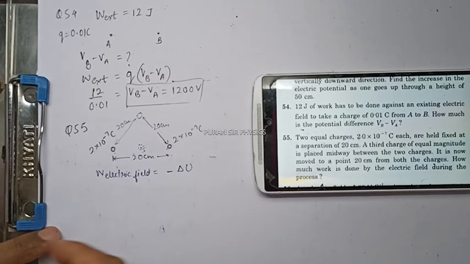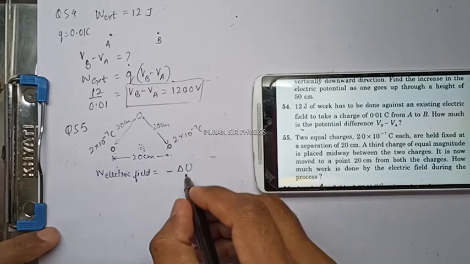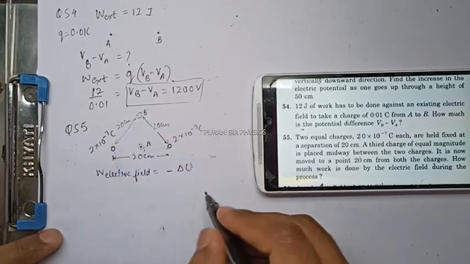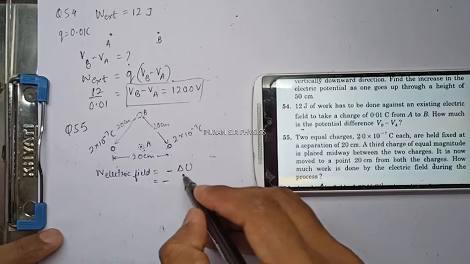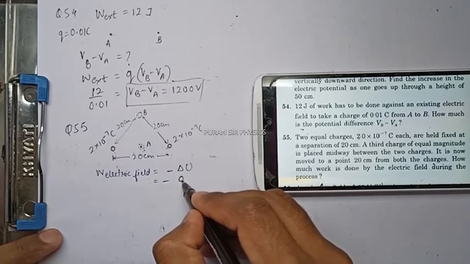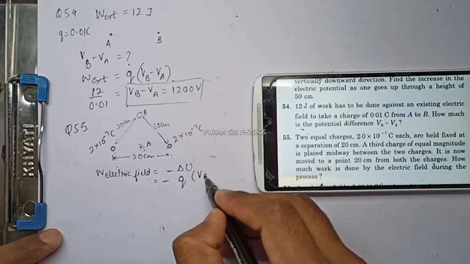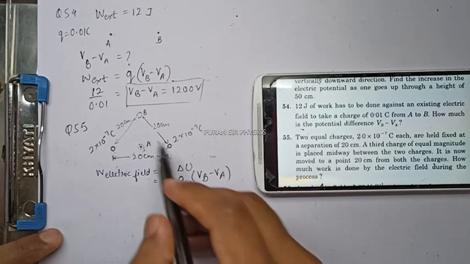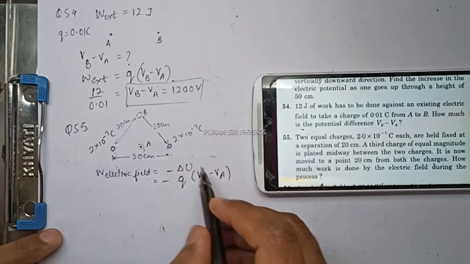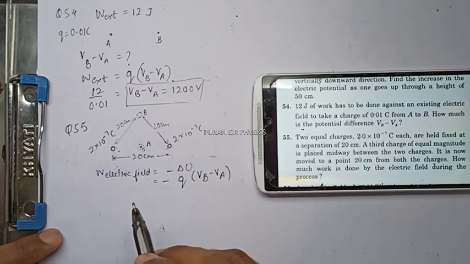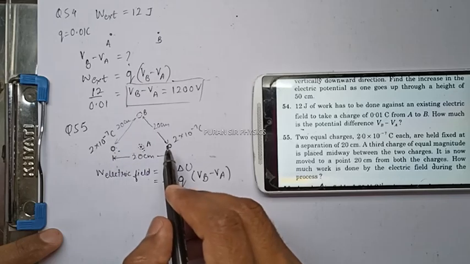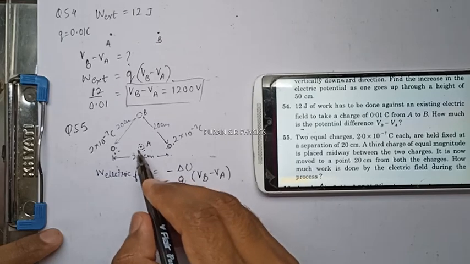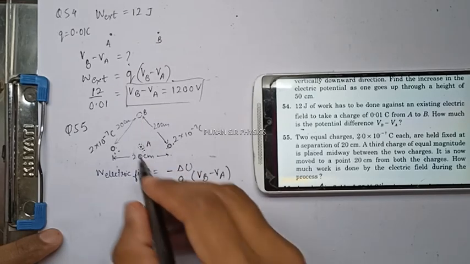And this change in potential energy can be written as, suppose this point is A and this point is B, your charge Q times VB minus VA, where VB is the potential at B due to these two source charges and VA is the potential at A due to these two source charges. So actually we are working in the electric field of these two charges, and this charge is moving. So you can treat this charge as your test charge.